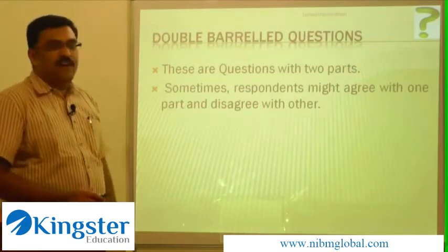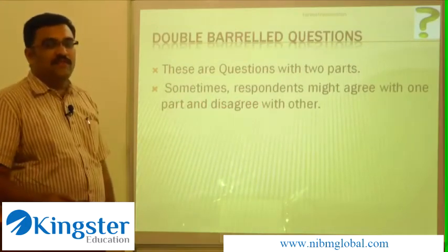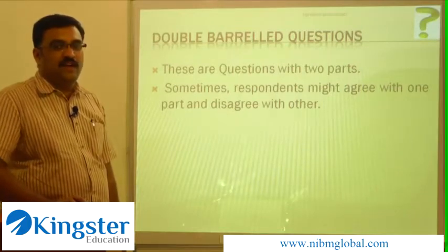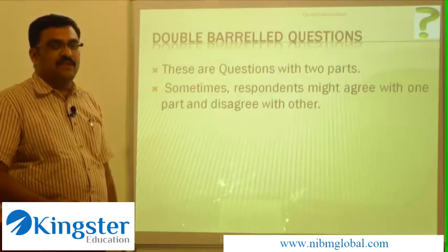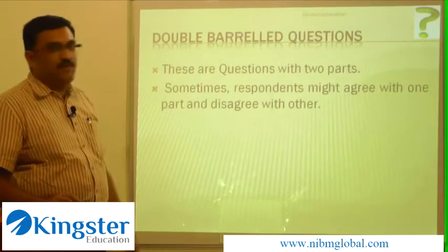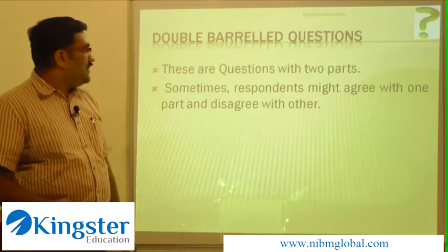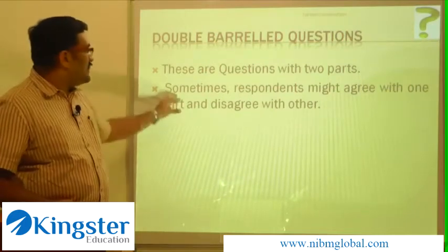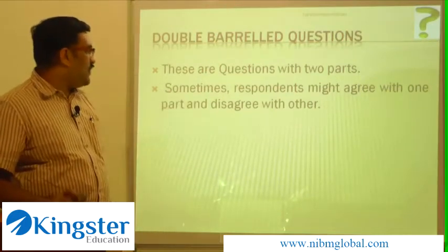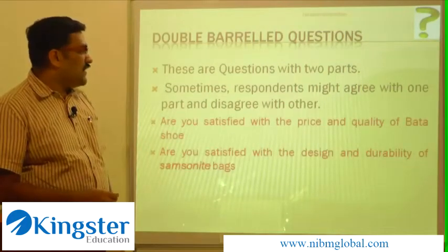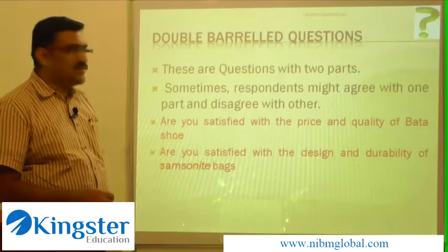So when you are sitting for drafting a questionnaire, the major thing you need to focus on is that you have to avoid double-barreled questions. That means questions with two parts. Sometimes respondents might agree with one part and disagree with another. Example like, are you satisfied with the price and quality of Bata shoe?